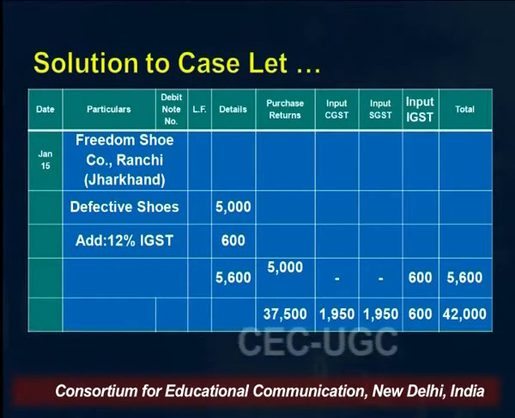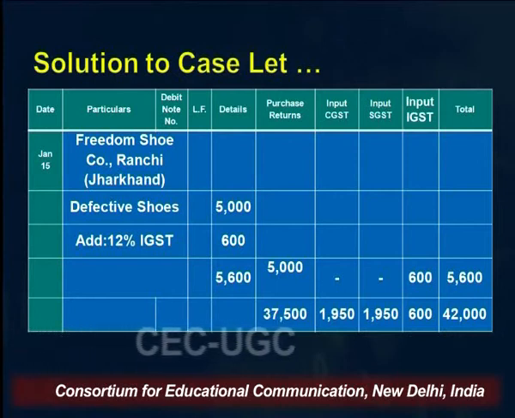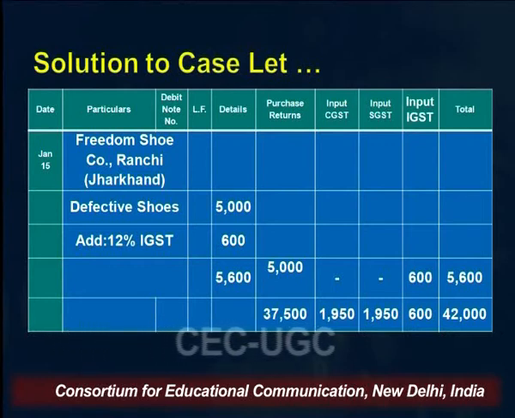So the total of the transaction is 5,600. Out of 5,600, 5,000 goes to the purchase return column, and 600 goes to the taxation column, which is input IGST, right?